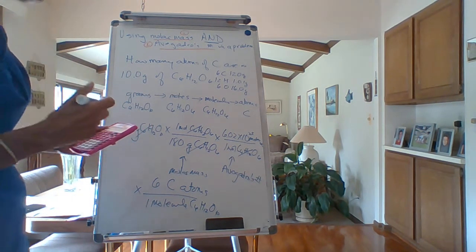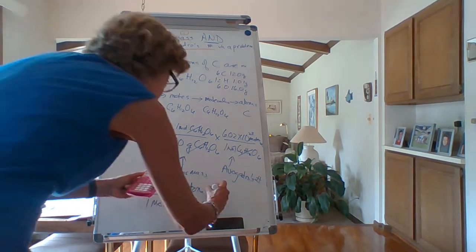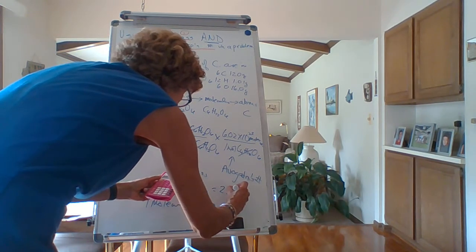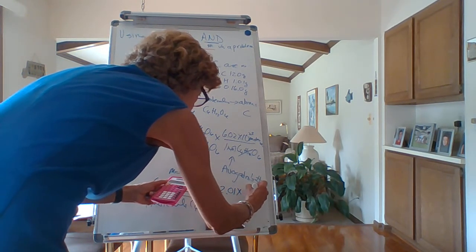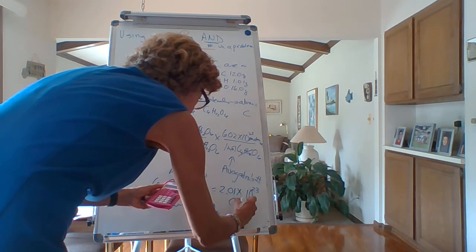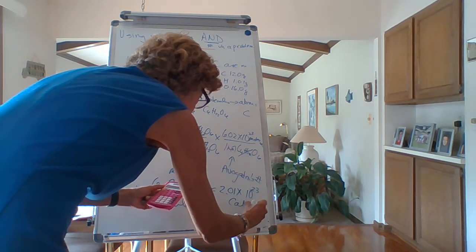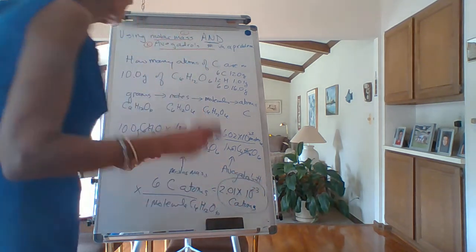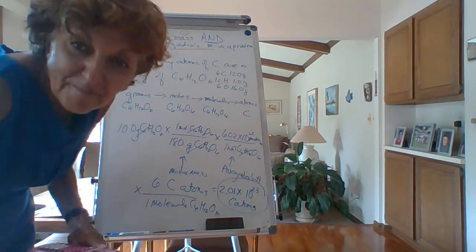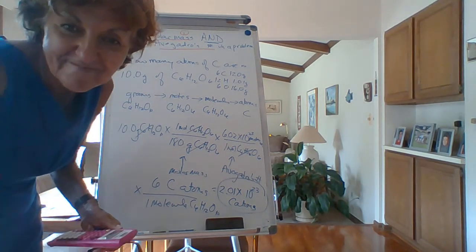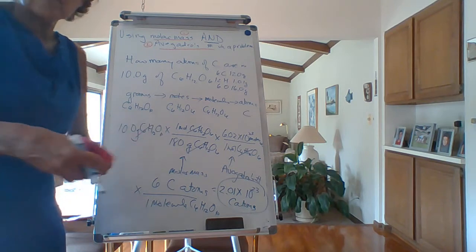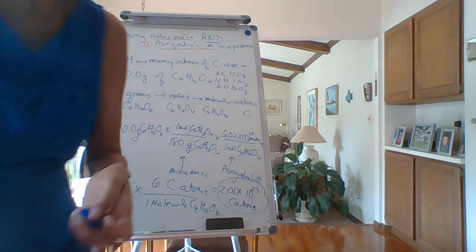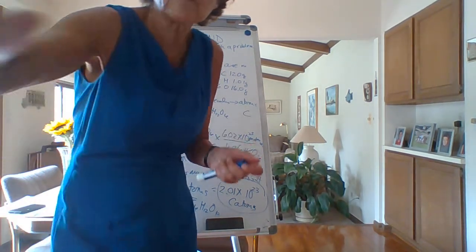If I'm going to round it to 3 sig figs, I end up with 2.01 times 10 to the 23rd carbon atoms. Okay, good.